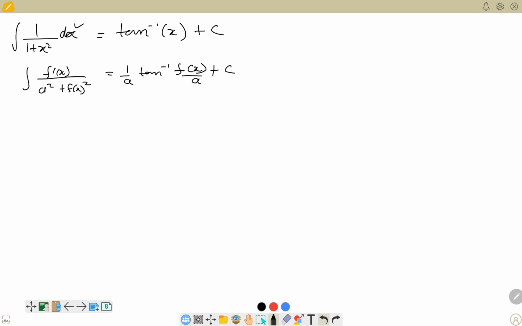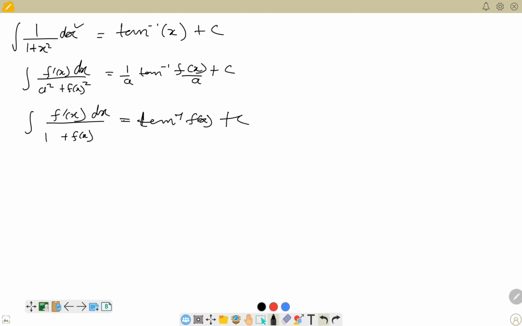But you can see that now the constant is just 1. So it's going to be the integral of dx over 1 plus f of x square, which is arc tan f of x plus c. Okay, so how do we prove that?